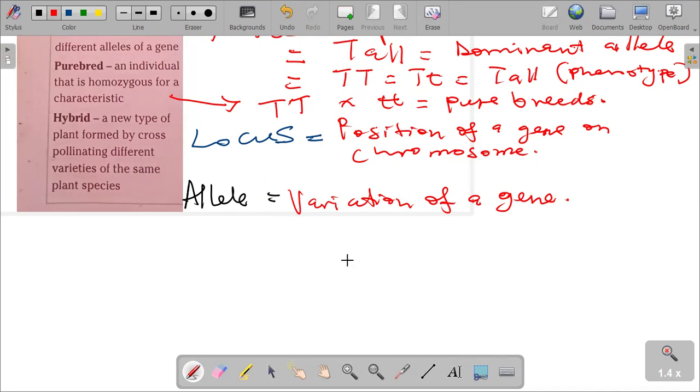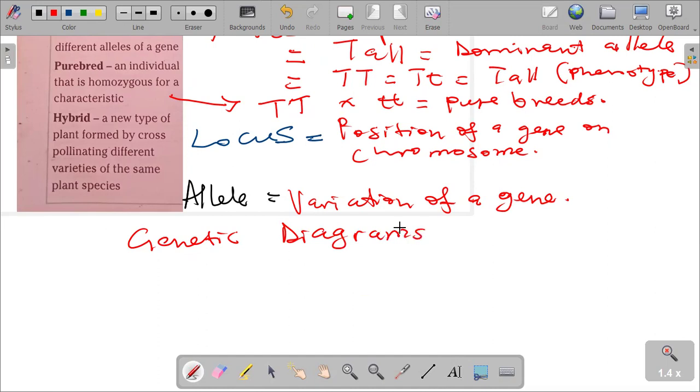We are going to talk about genetic diagrams as our next subheading.